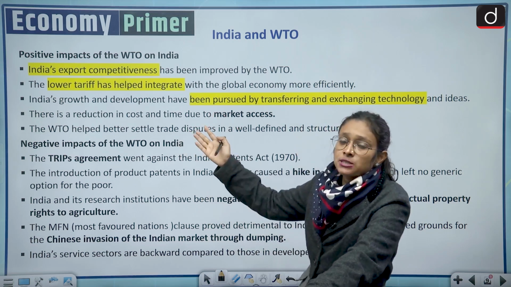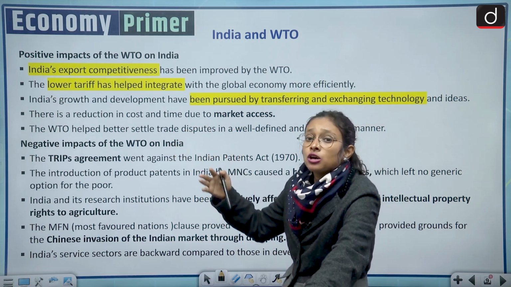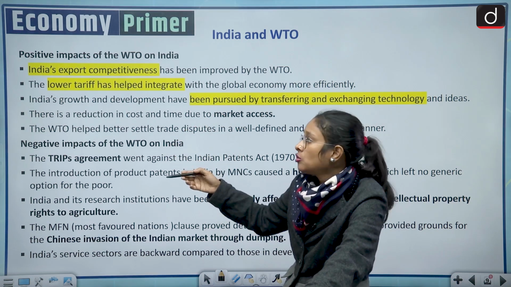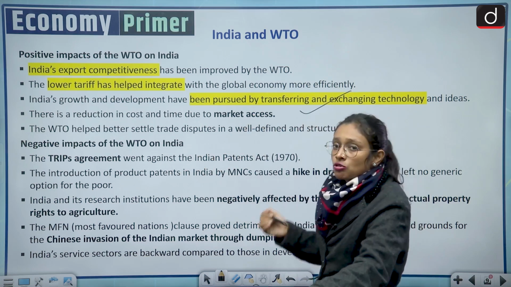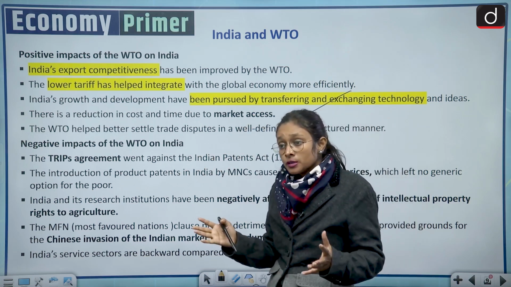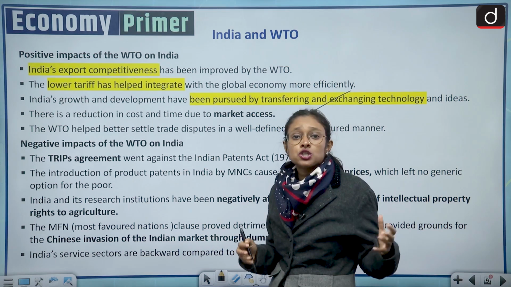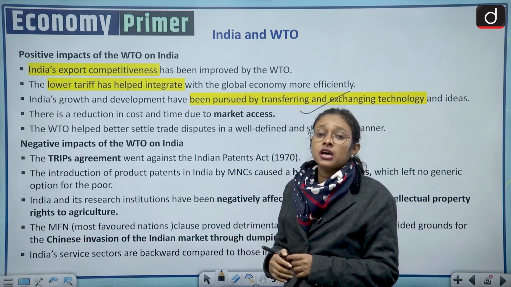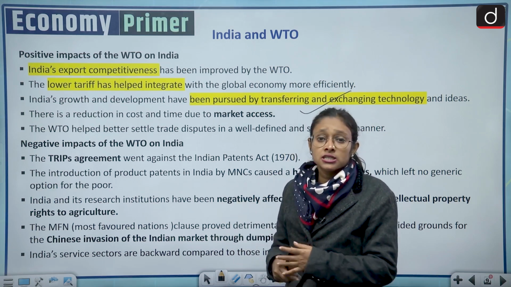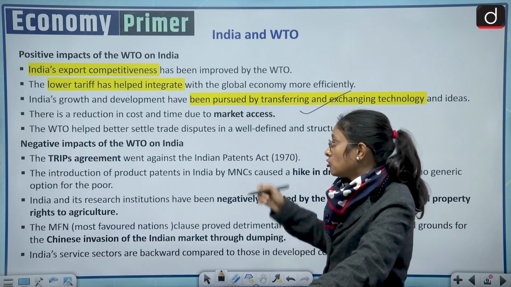Then lower tariffs have benefited the Indian economy because India has been exposed to other markets also, and India's growth and development has been pursued by transferring and exchanging knowledge, because it is a group of 164 member nations. So this is not just limited to India or Asian countries. Here you will share knowledge with other countries and you will get knowledge from the other countries. So this has benefited the Indian economy.